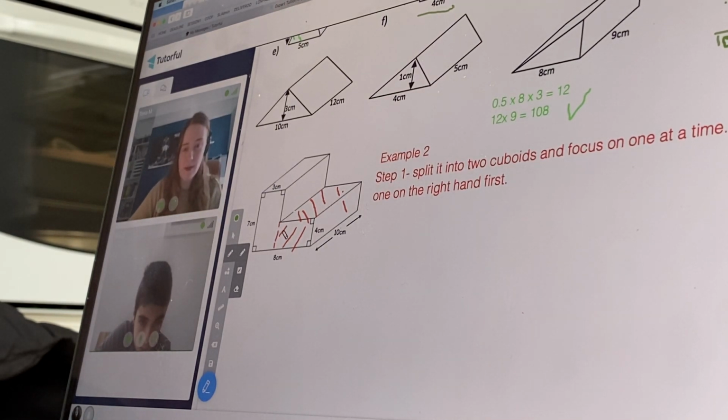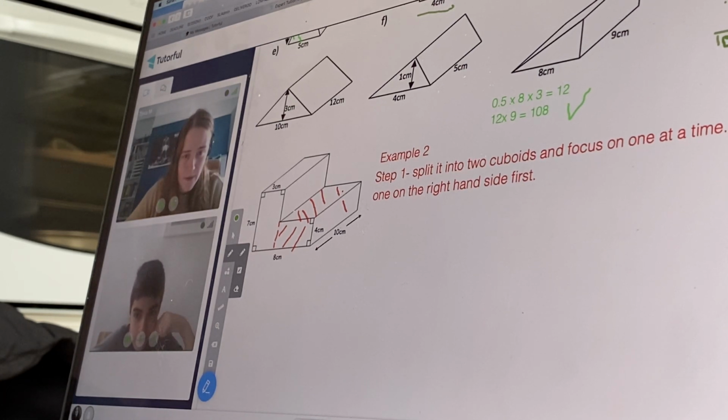Okay, so step 1, split it into 2 cuboids and focus on one at a time. I will do the one on the right-hand side first. So then I'm going to say, right, it's a cuboid. I think all the measurements are there. So I do 10 times 4. And then I need to multiply it by this length here, which I don't know.